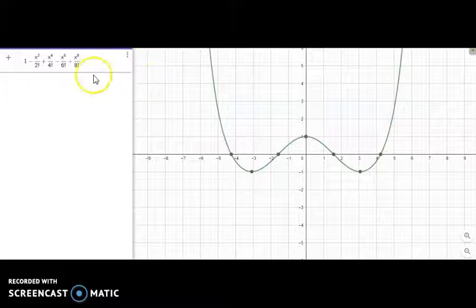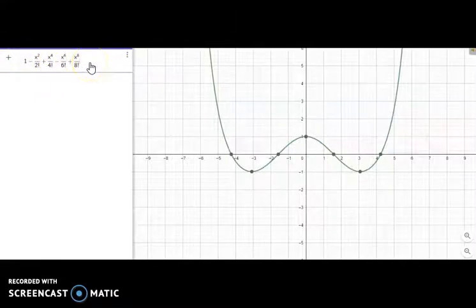Now see this one. This cos function consists of only x terms where the power is a multiple of 2: 2, 4, 6, 8. And see that the sign changes alternately, plus, minus, plus, minus, plus, minus.